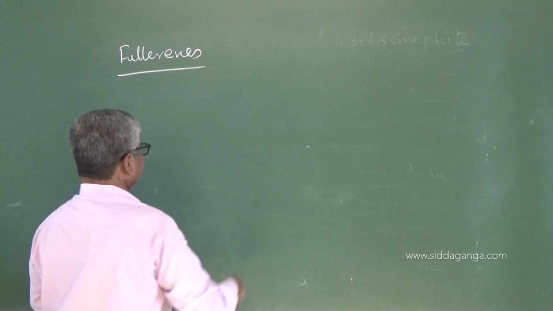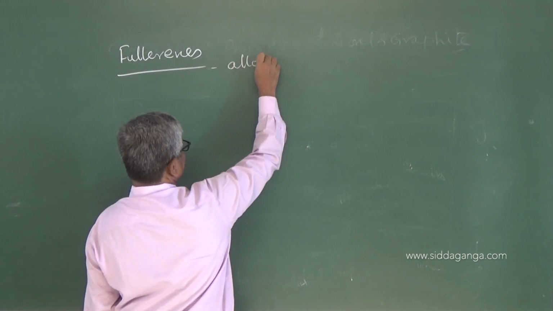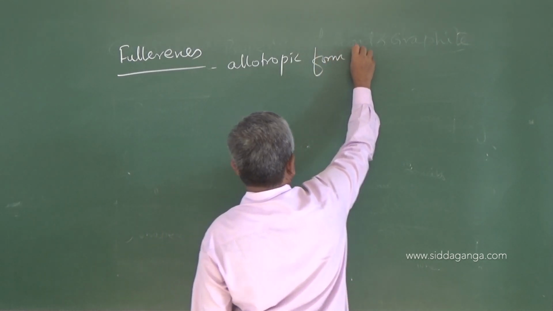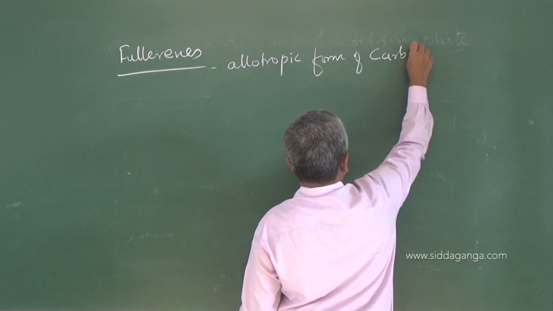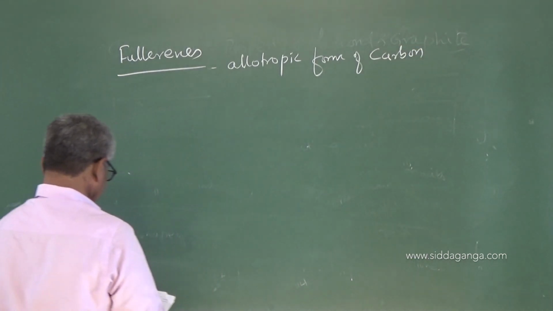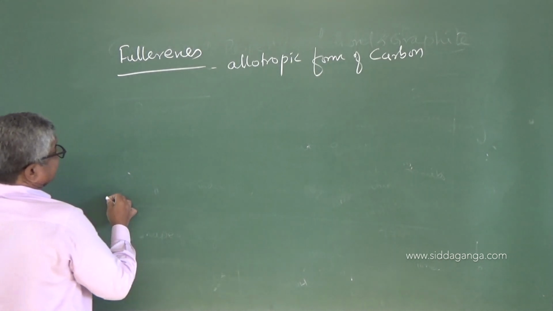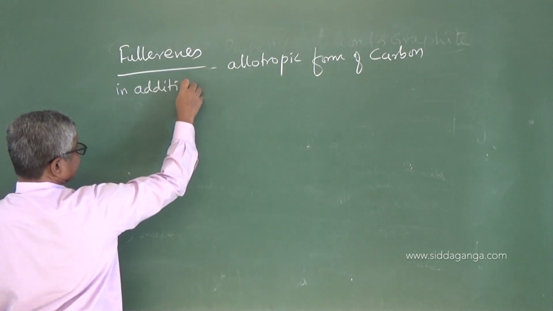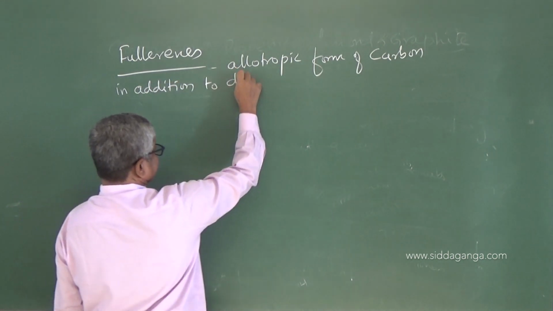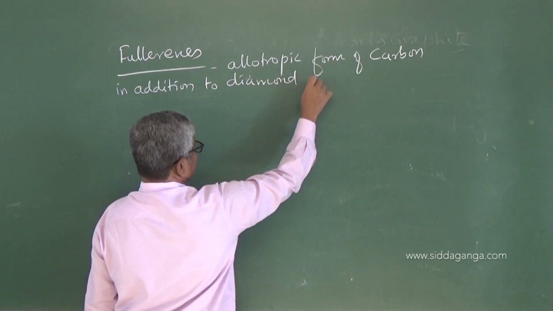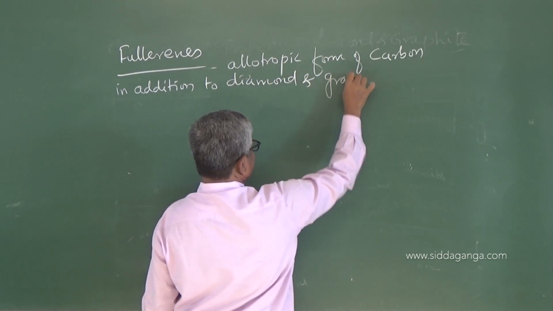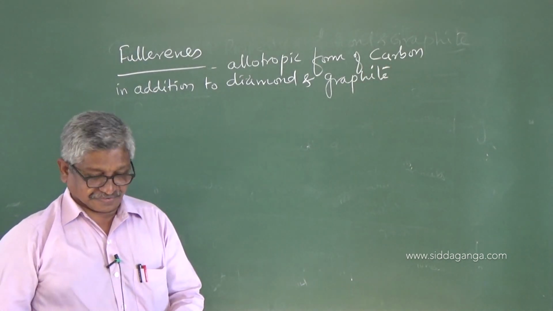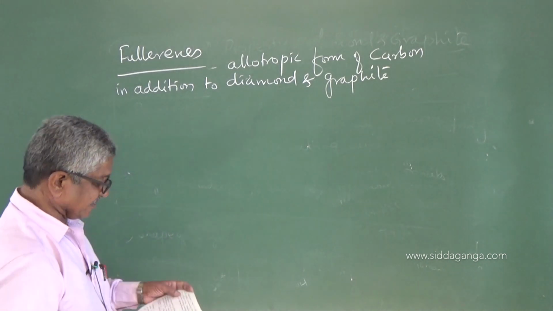Fullerene is an allotropic form of carbon in addition to diamond and graphite.